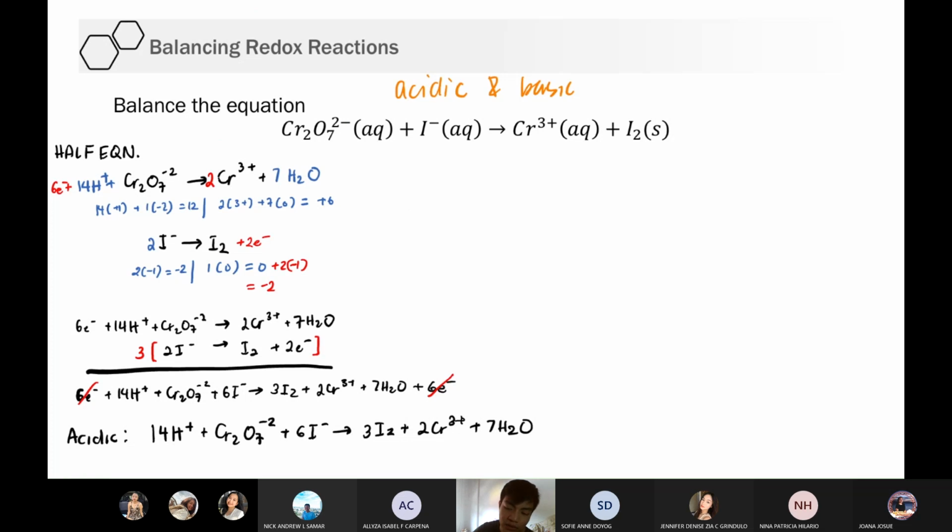Let's classify, by the way. Which one is the oxidation? Which one is the reduction? This is the reduction: the dichromate underwent reduction. This one is the oxidation.